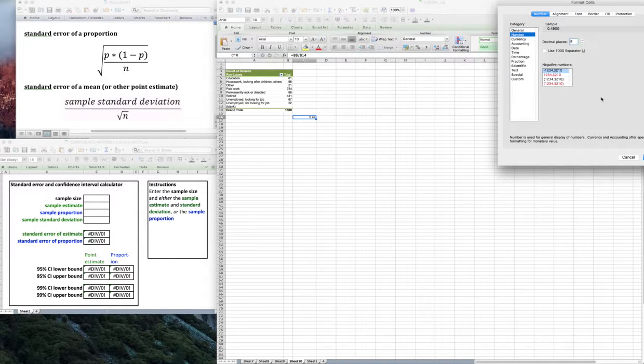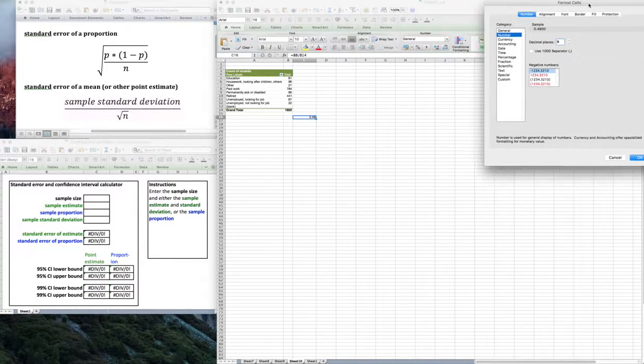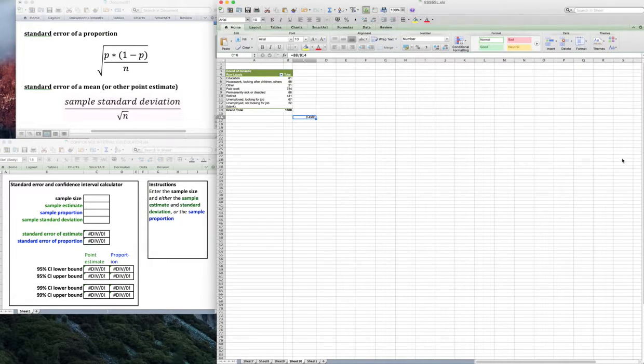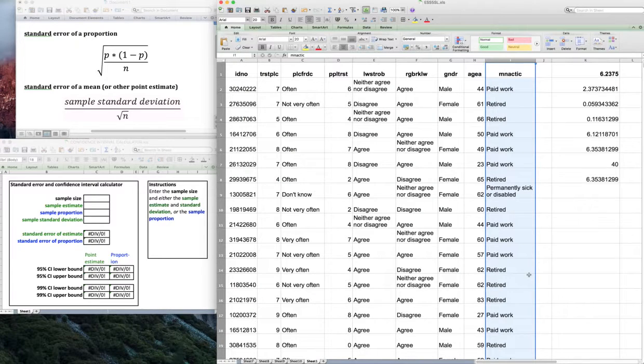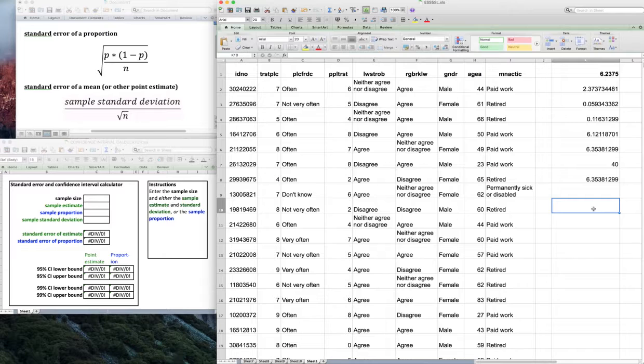Let's increase the number of decimal places just to make sure. Yeah, no, it is 0.4900. That's bang on. Let's go back to our sheet. Right, our sample proportion is 0.49.